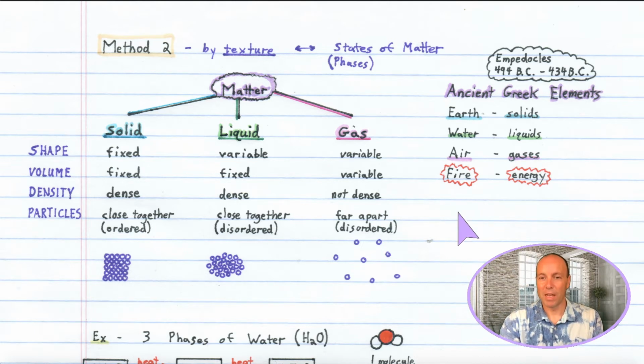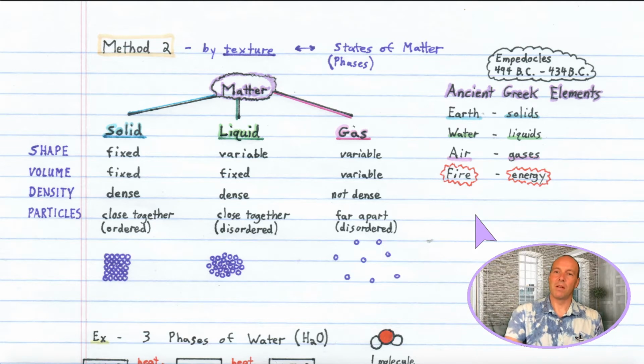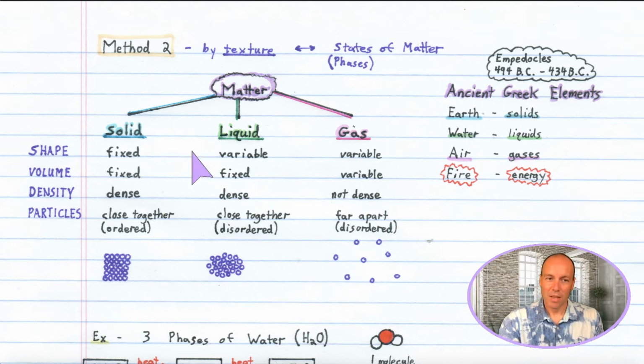Aristotle expanded on Empedocles' theory, and the idea of ancient Greek elements continued on for millennia. It didn't really go away until the 1600s. But it's very interesting that this way of categorizing matter has been around for a long time.